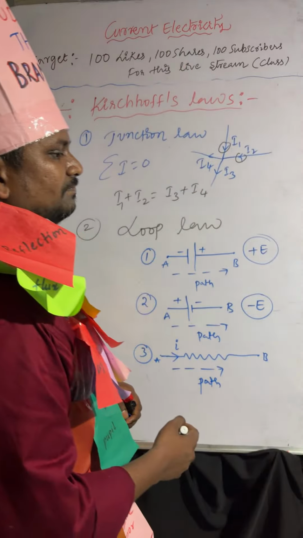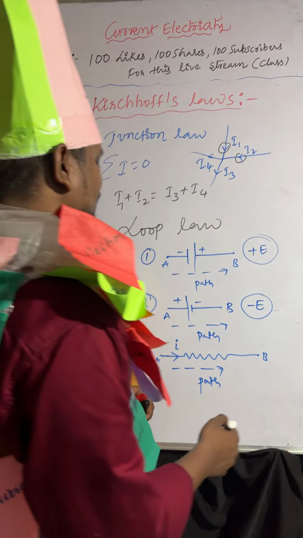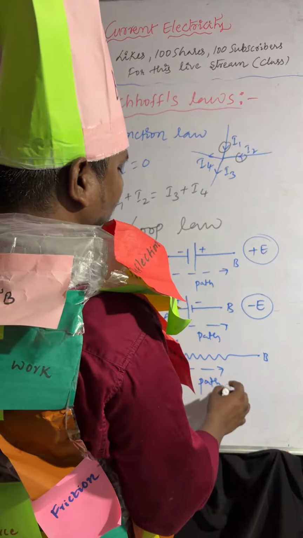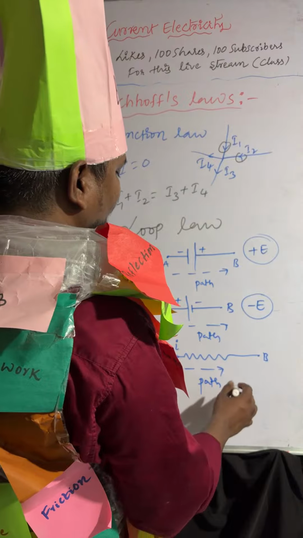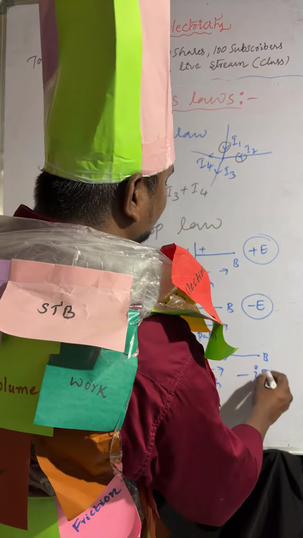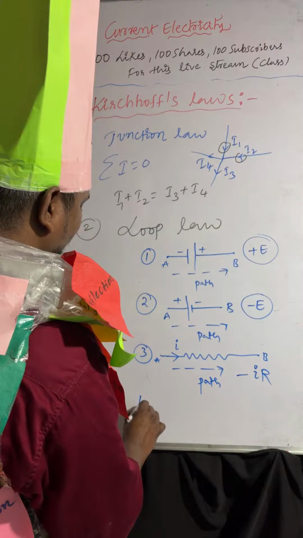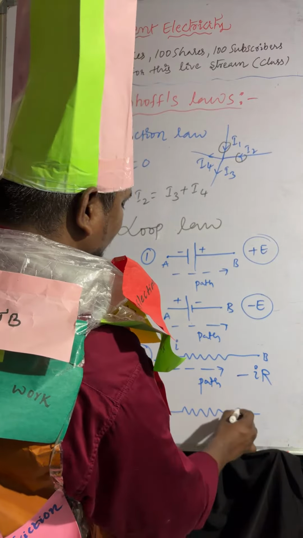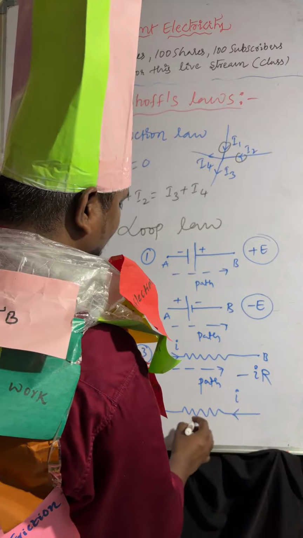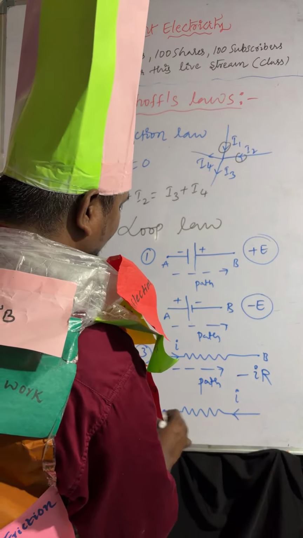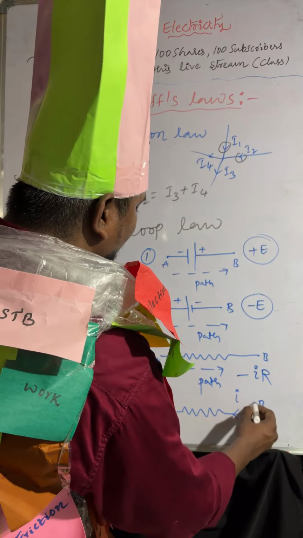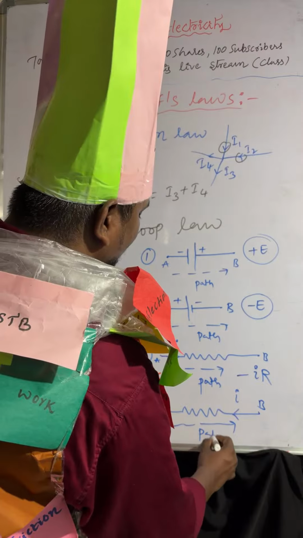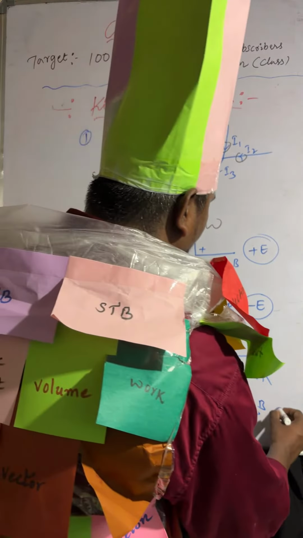So here you can observe the minus IR term. And coming to the fourth one, you are moving opposite to the current direction. This is A and this is B. So you are taking the path along this direction. Then the IR term is positive.